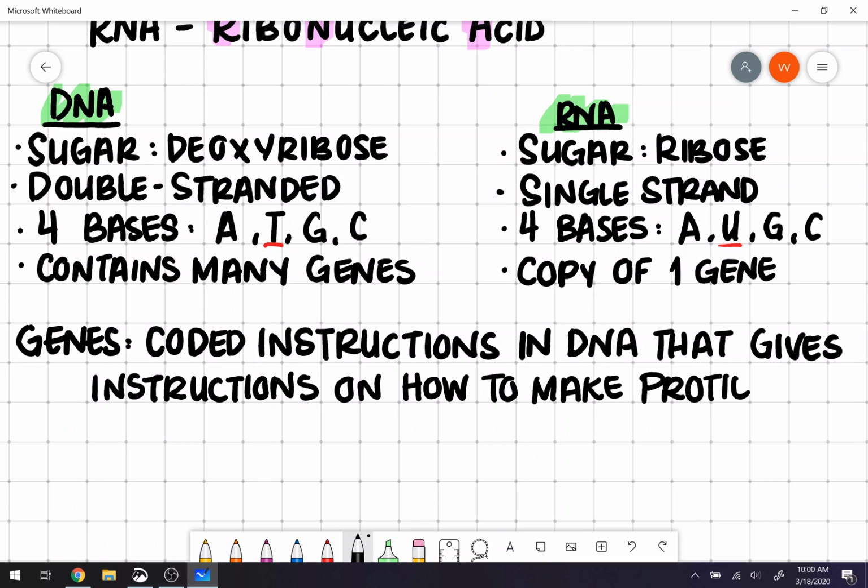For those who don't remember, proteins are the most important molecule in your body. They make up your enzymes, they make up a lot of different things and different parts. So to properly make these proteins is extremely important.